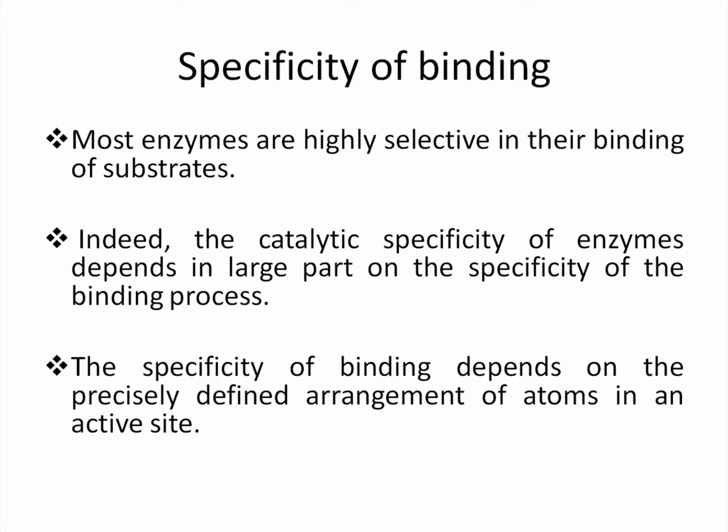So why are enzymes specific in nature? It depends upon how the binding process takes place. The specificity of the binding process plays a very important role in deciding the catalytic specificity of the enzymes. The specificity of binding depends on the precisely defined arrangement of atoms in an active site.